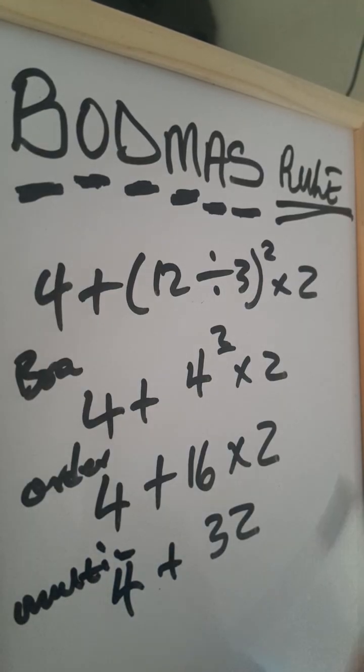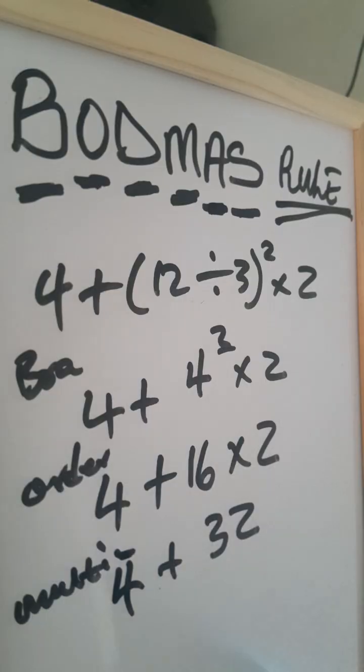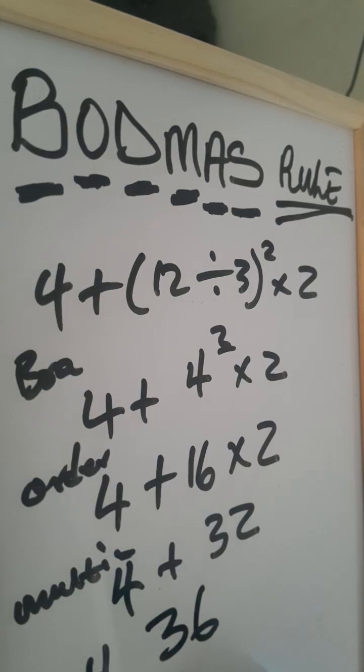So now we go to addition, which is we add. So 4 plus 32 equals 36. This is your answer. But if you don't follow the BODMAS rule, are you going to get this 36? No, you're not going to get it.